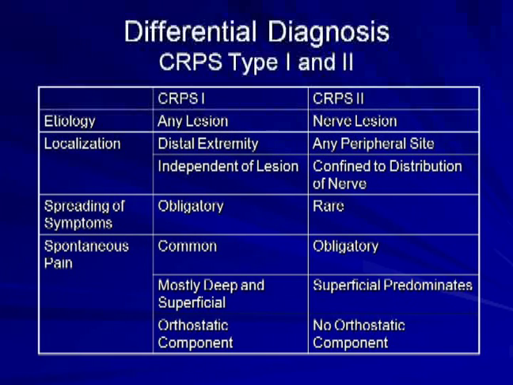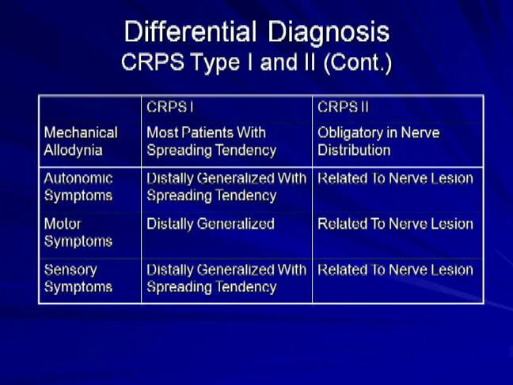Eventually everything would be under the umbrella of complex regional pain syndrome. And these are just continued more features of what was described to occur in CRPS 1 and CRPS 2.